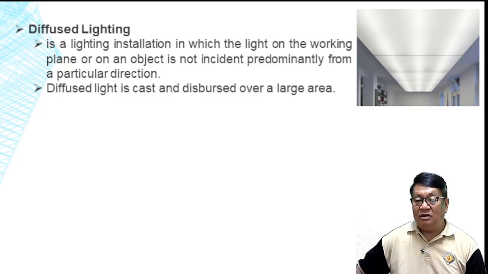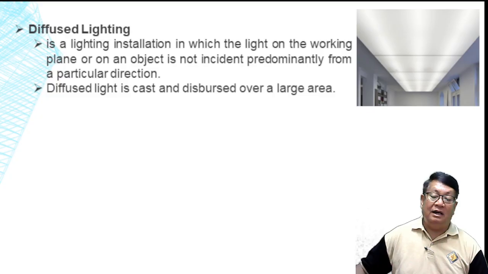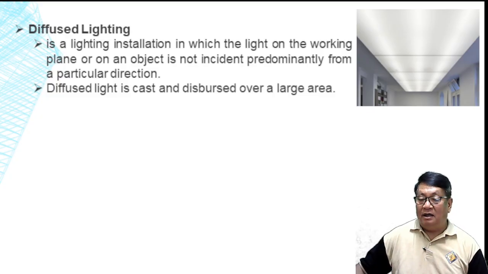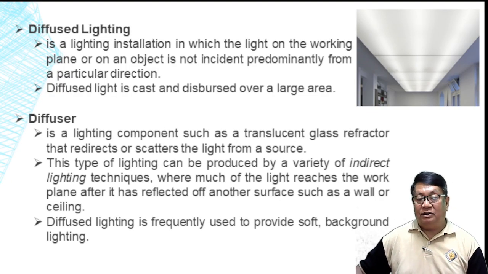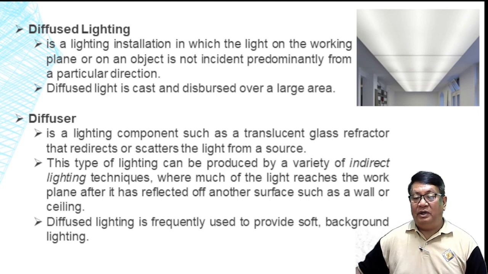It is a lighting installation in which the light on the working plane or on an object is not incident predominantly from a particular direction. Diffuse light is cast and dispersed over a large lighted area. So we have also diffuser, no? A light component such as translucent glass refractor that redirects or scatters the light from the source.